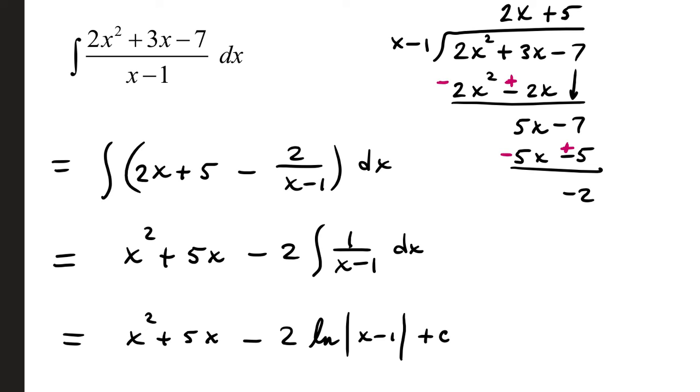Since you don't do long division just a lot, I want to remind you the steps for it. So we'll take our first term underneath, divide it by our first term outside. 2x squared divided by x is 2x. Now you take 2x times both terms of your divisor. That's 2x squared minus 2x.